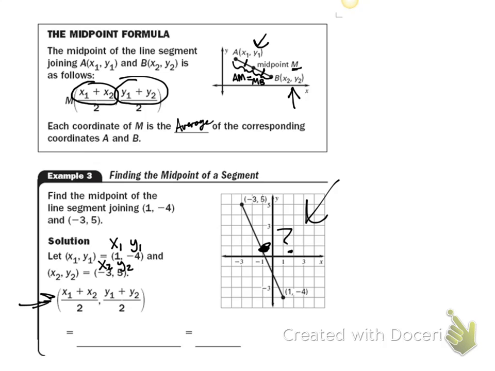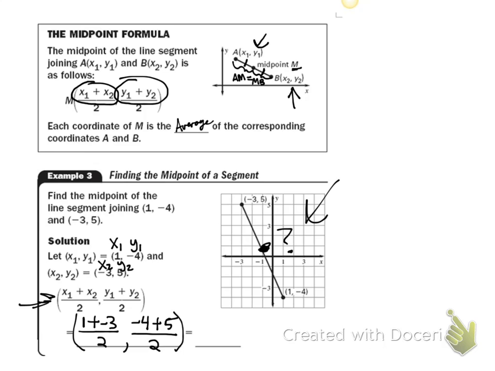So if we do the average of the x's, x1 plus x2, really I'm going to do x1, 1, plus the x2 value, -3, and divide that by 2. That's going to be the x coordinate. The y coordinate is going to be the average of the y values, -4, plus the y2 value of 5. So again, all I'm doing is substituting in my y1 and y2 values where they go.